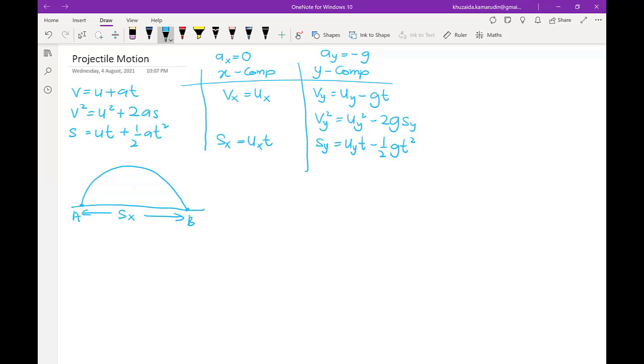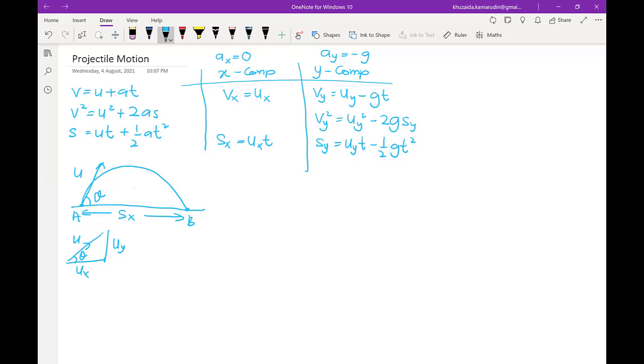And let's say we have the U over here, the initial velocity with the angle theta above x-axis. Bila kita lukiskan triangle, ini U awak tadi, and this one is the theta. So Ux will be here and Uy will be here.